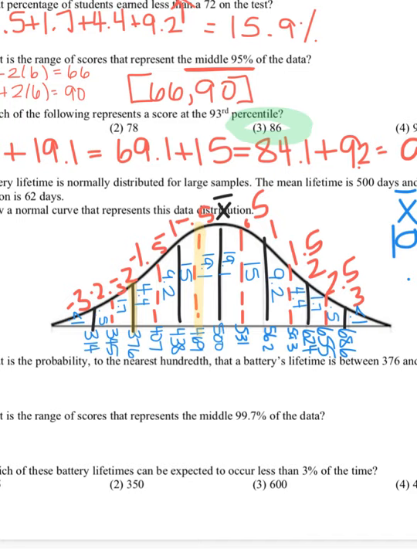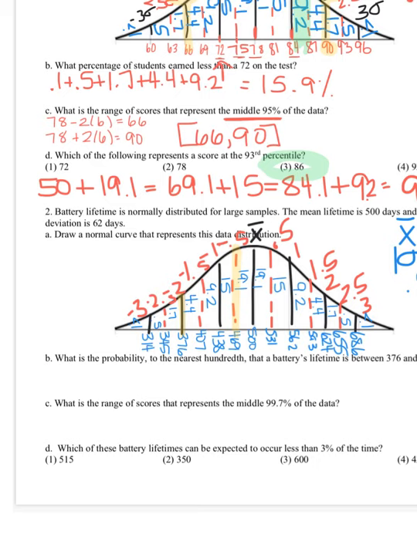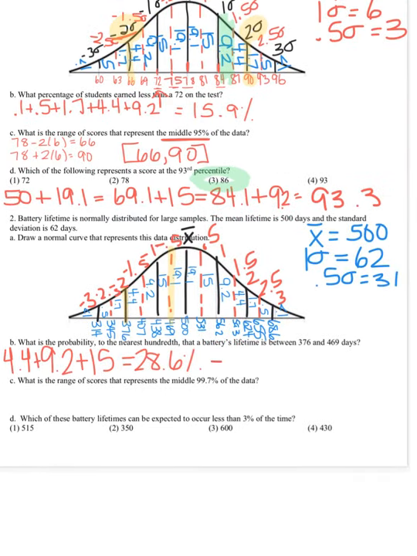So I add all of those numbers up. 4.4 plus 9.2 plus 15 gives me 28.6%. But this is asking for the probability. So I move the decimal over 2 times to the left. So this is 0.286. But it wants it rounded to the nearest hundredth, so really your answer should be 0.29.